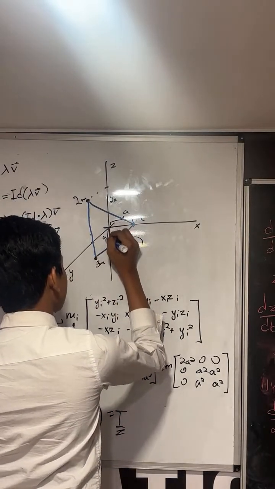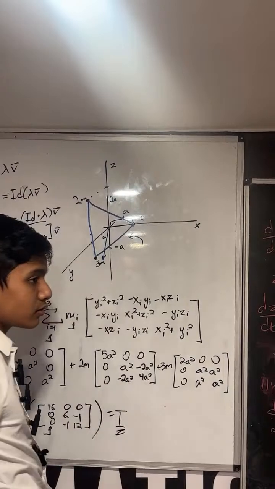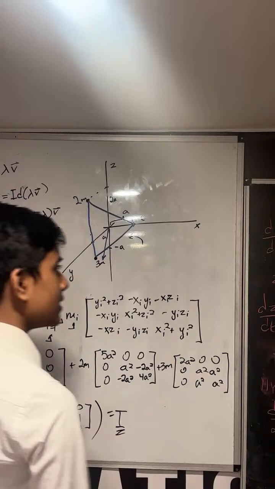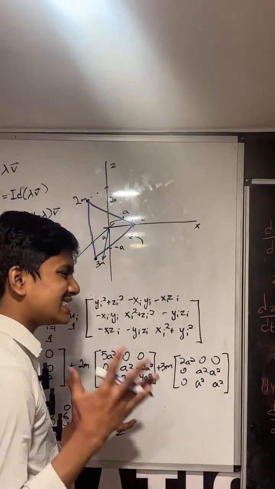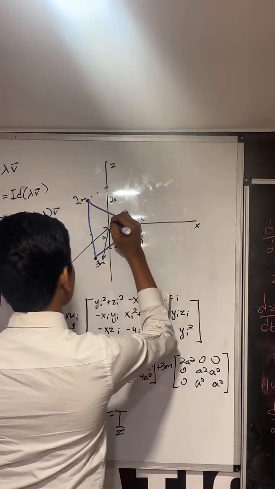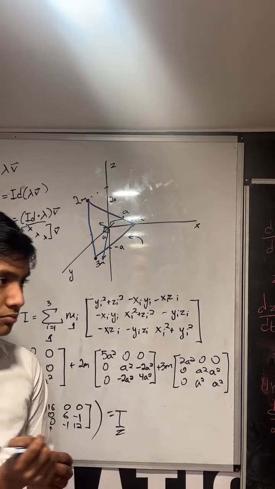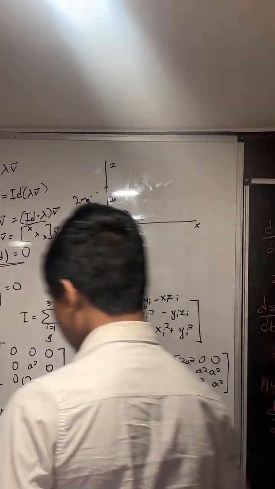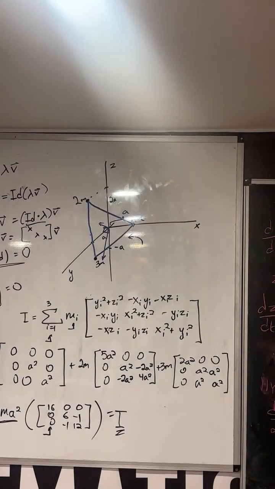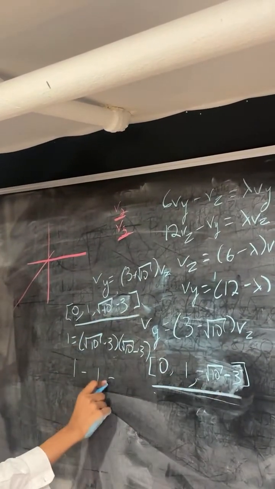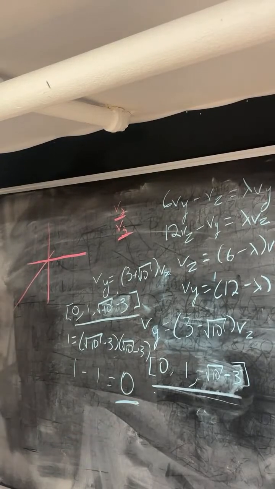And of course, plus rad 10 minus 3 is about 1/6. Which also means they're orthogonal. So you have two orthogonal principal axes. As you can see, if you dot product them, it will give you 1 minus 1 from this difference of squares, which means that they're perpendicular in their plane.